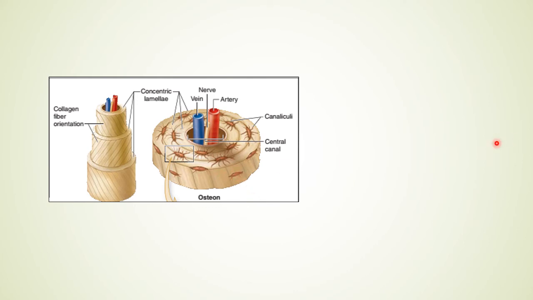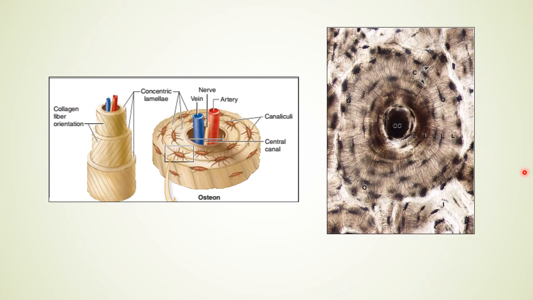So this is the osteon in this diagrammatic picture, and this is a real picture of compact bone, lamellar bone. As we see, the same organization is here. We have the central canal, CC, and these are the concentric lamellae. L stands for lamellae, concentric lamellae.